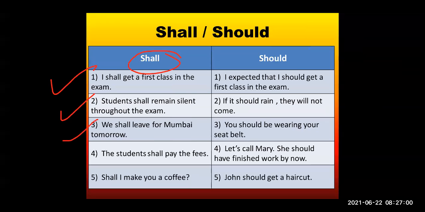Third example: we shall leave for Mumbai tomorrow. Here a promise is given. One person is giving a promise to another person: yes, we shall leave for Mumbai tomorrow. We will go to Mumbai tomorrow. So a promise is given in this sentence, and at that time we have to use the modal auxiliary shall.